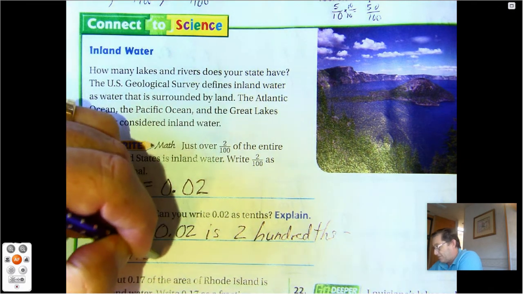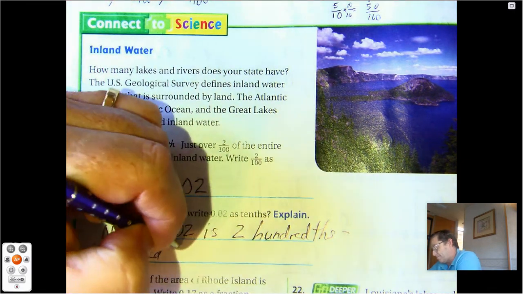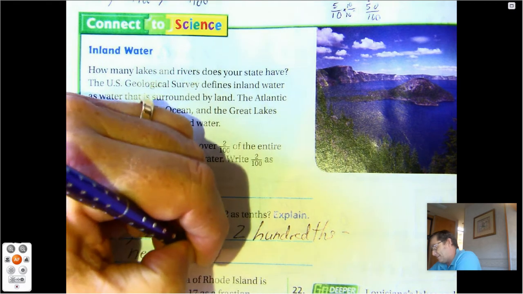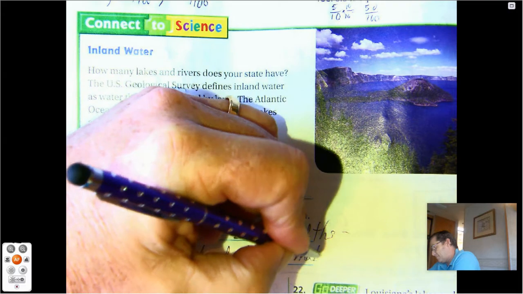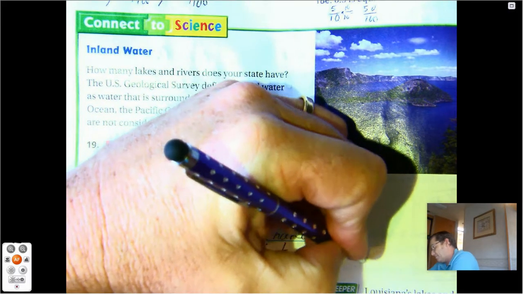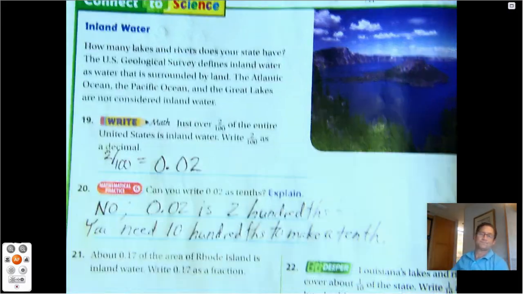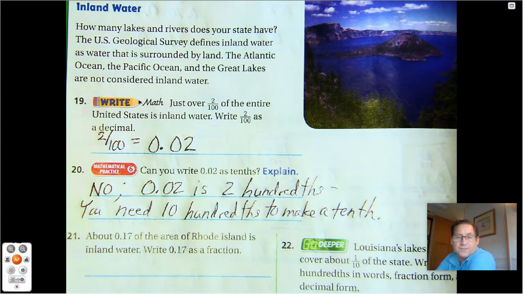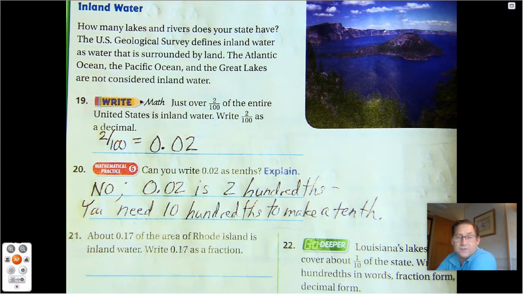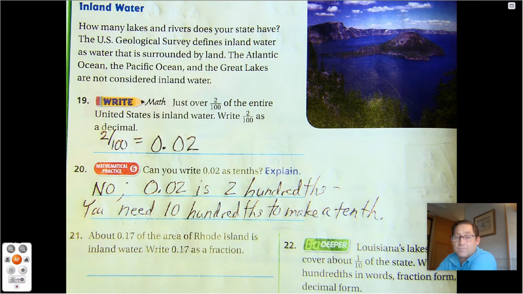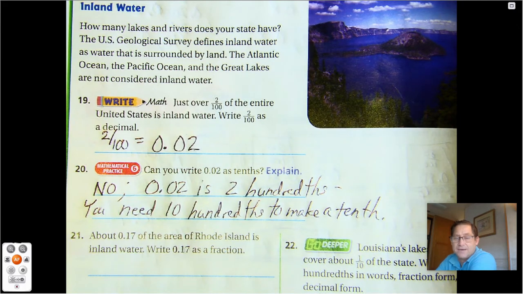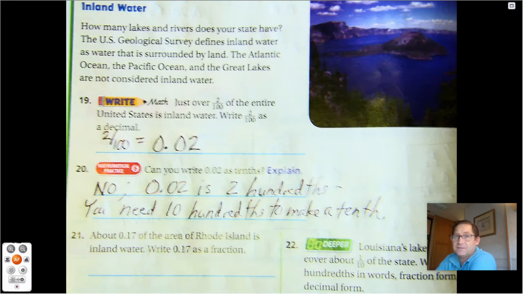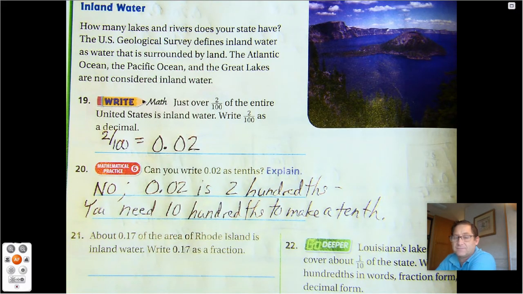How many hundredths do we need to make a tenth? 10 to make a tenth. So 0.02 is 2/100. And if I need at least 10/100 to make 1/10, then how can I write 2/100 as tenths? I can't.